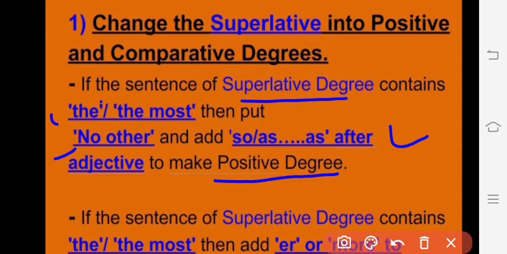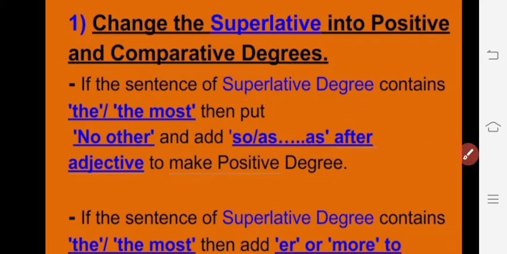This is applicable when superlative degree contains the and the most, like the cleverest, the highest, the lowest, the most beautiful, the most intelligent. If any of these words is given in superlative degree, and you want to convert into positive degree, you just apply no other and so as or as after this adjective.